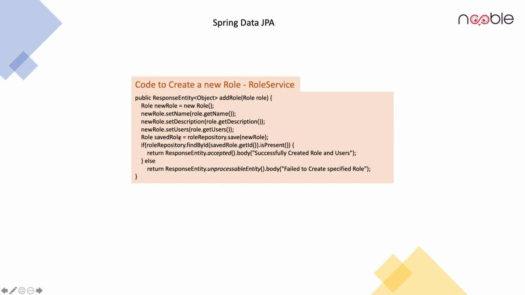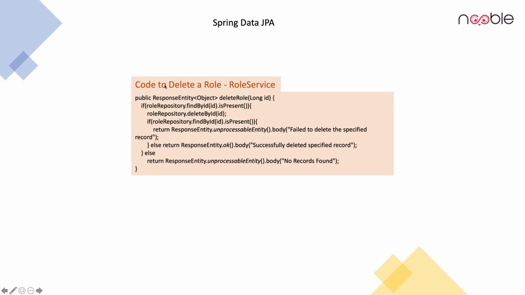The save method will return a role which I am calling savedRole. Now I am just checking if it is present. I am returning successfully created role and users. Else I am returning failed to create specified role.